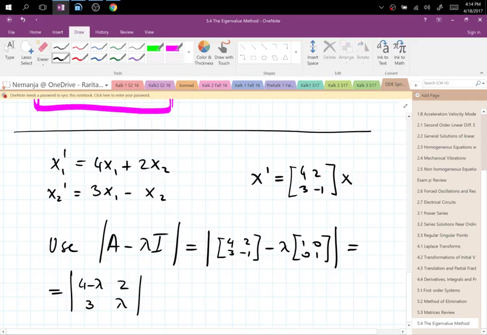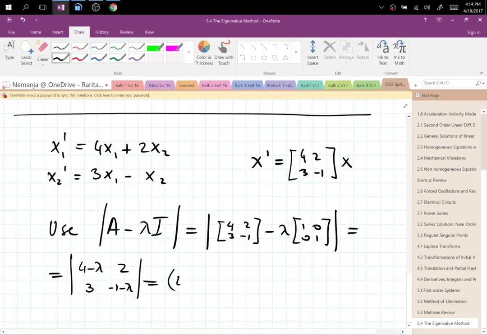So 4 minus lambda, 2 minus 0 is 2, 3 minus 0 is 3, negative 1 minus lambda. Yep. So now you see you have to FOIL, and then minus 6, which is the other diagonal.